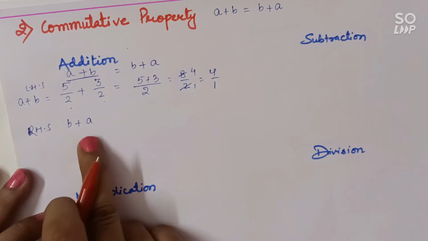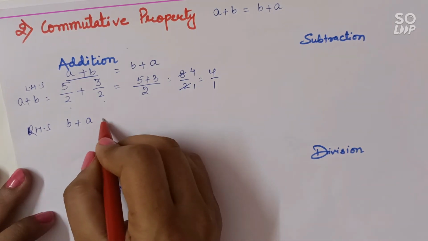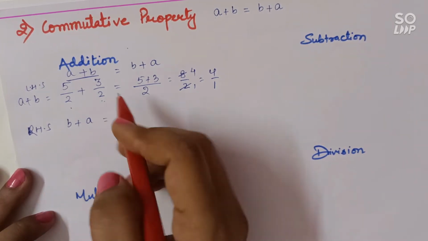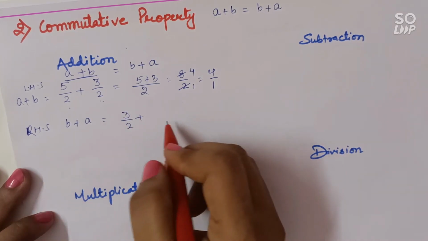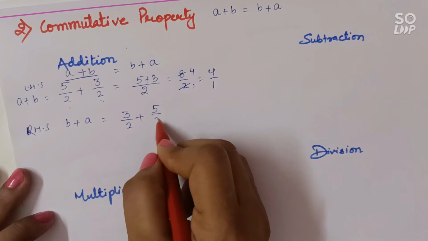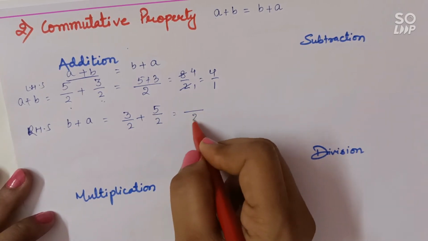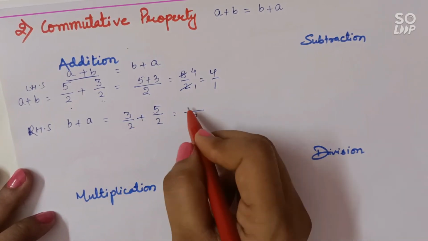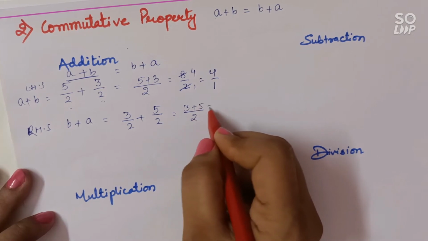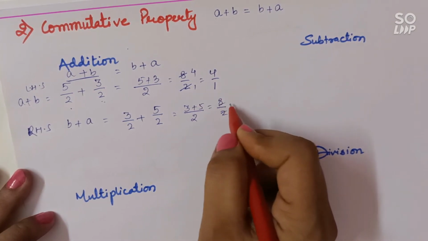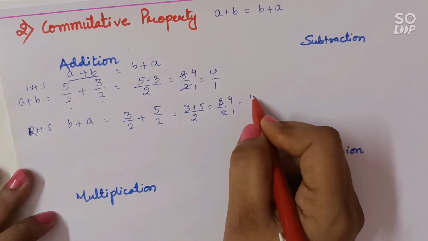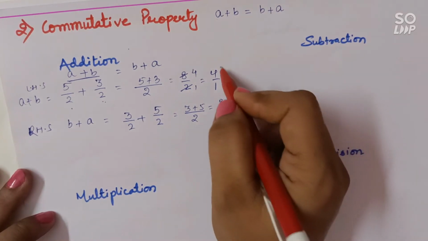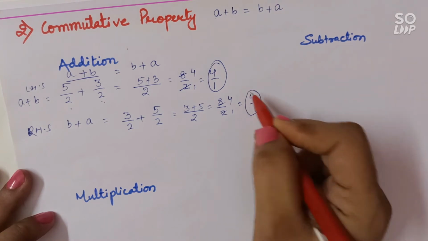First I'm writing B and then A. What is B over here? 3 by 2, plus what is A over here? 5 by 2. Now 3 plus 5, that's 8. 8 by 2 will give us 4 by 1, which is equal to 4 only, right? So we can see the result is the same.